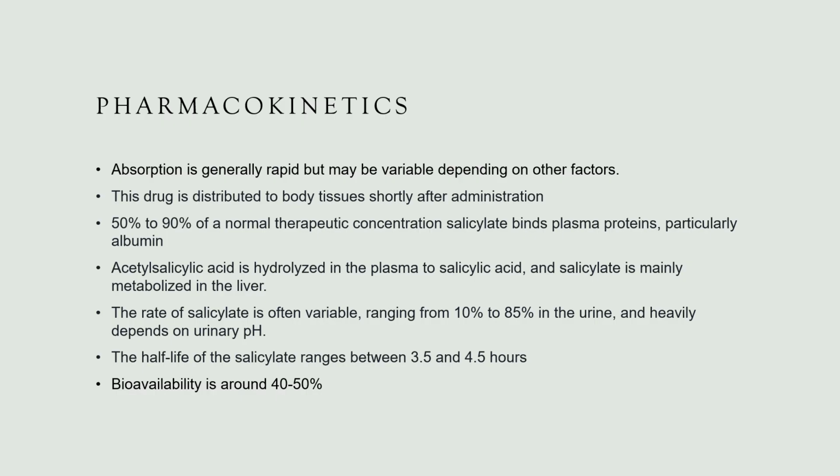The drug is distributed to body tissues shortly after administration, and it is known to have the ability to cross the placenta. The plasma contains high levels of salicylate as well as tissues such as spinal, peritoneal, and synovial fluids, saliva, and milk.